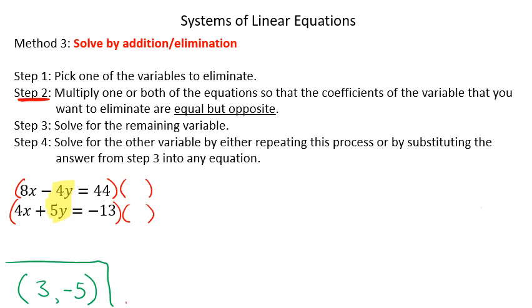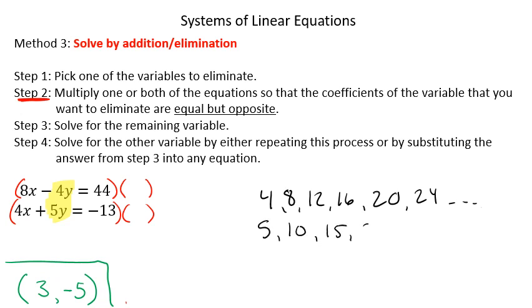So multiples of 4: 8, 12, 16, 20, 24. Multiples of 5: 10, 15, 20. You see 20 is on both lists. 20 is the least common multiple. And you don't necessarily have to write out all of the multiples to figure that out, but we could use 20 as the least common multiple.